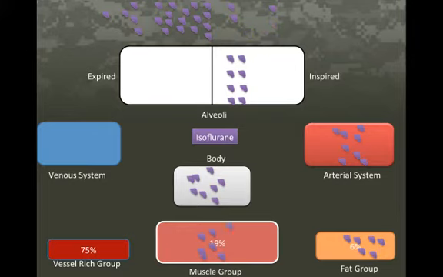And the fat group receives 6% of the cardiac output and represents 20% of body mass. When equilibrium has been achieved, we will end up with an FA/FI of 1.